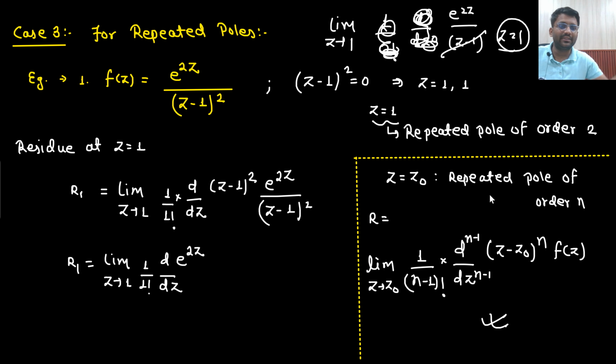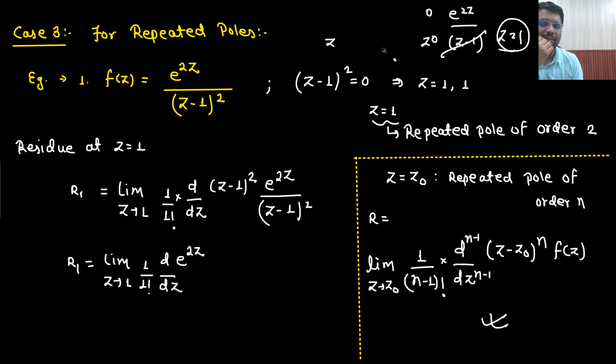But why did we study separately? Because there you don't need to think about differentiation and all those things. There simply whoever is creating the problem, remove that, put limit z tending to 1. That's it. Here whoever is creating the problem, remove that, but you have to differentiate as well and divide with the factorial as well. Since there is power 2, you need to differentiate 1 time and then divide with 1 factorial. Job done. Understandable?